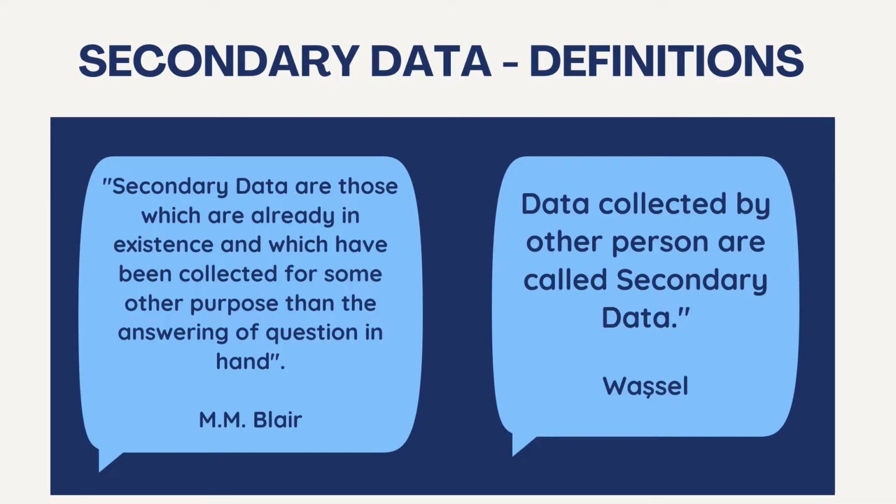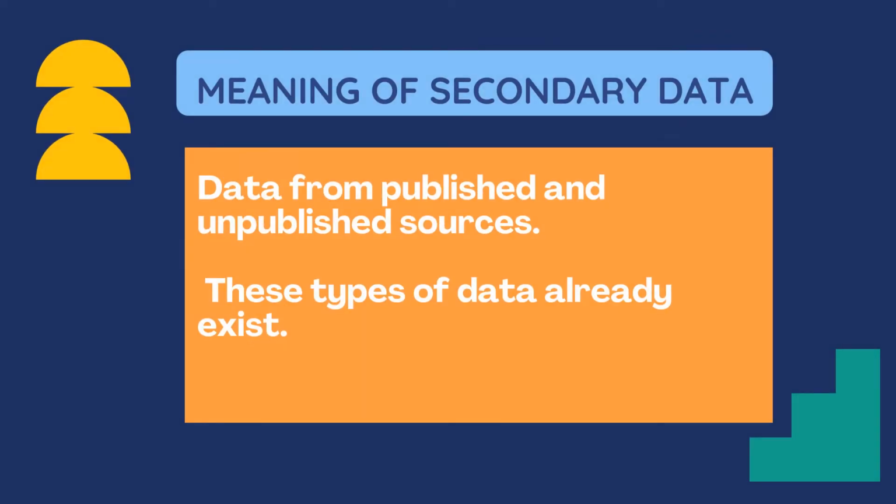Another definition says data collected by the other person are called secondary data, and this definition was given by Bessel. After studying these two definitions, we can draw some meaning of secondary data, that is the data which can be published or unpublished is always under the secondary sources, and the data which already exists is always the secondary sources.